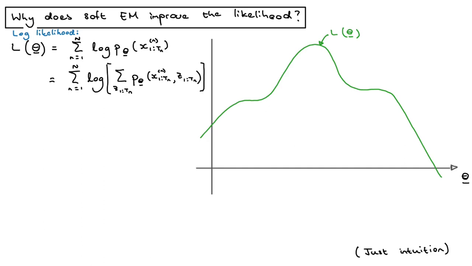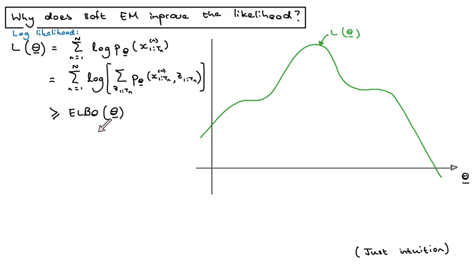So the idea behind EM is to maximize a lower bound for the log likelihood. We're going to come up with some other function, and I'm not going to explain exactly what that function looks like, but that function is going to be a lower bound for this monstrosity. That lower bound is called the ELBO, the evidence lower bound.